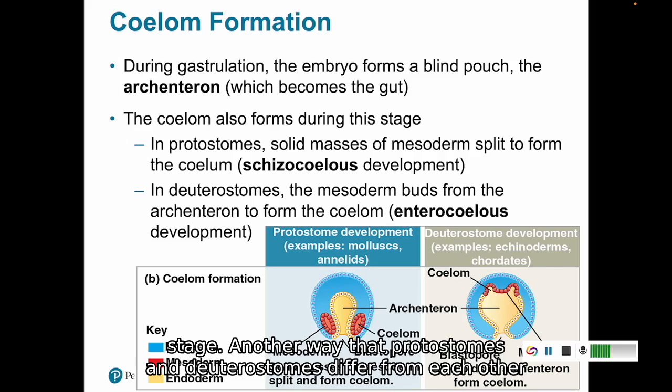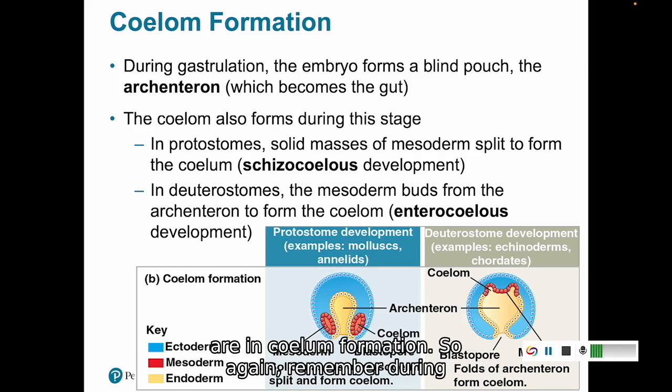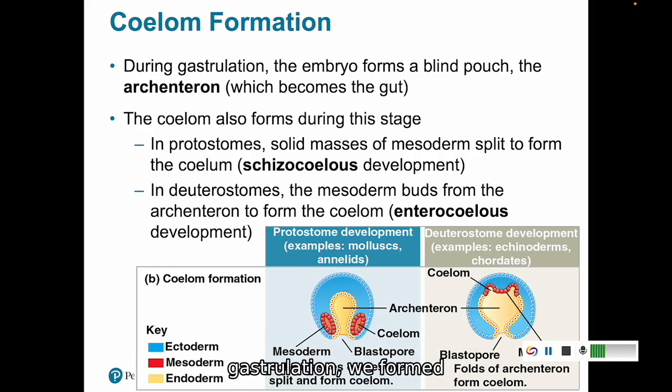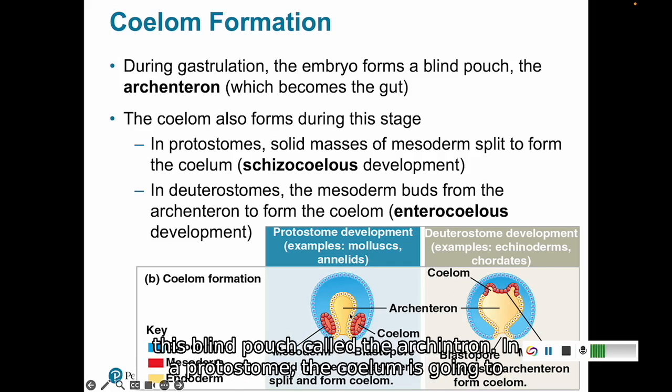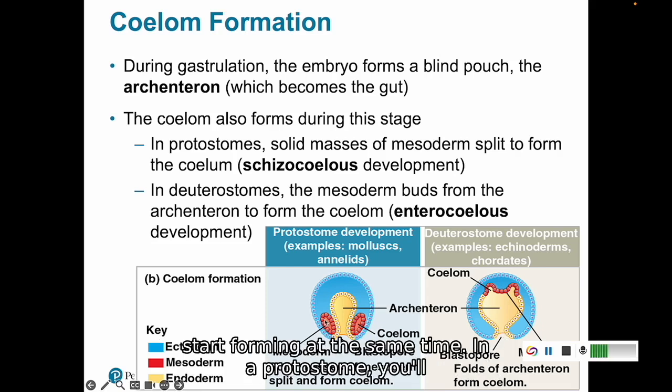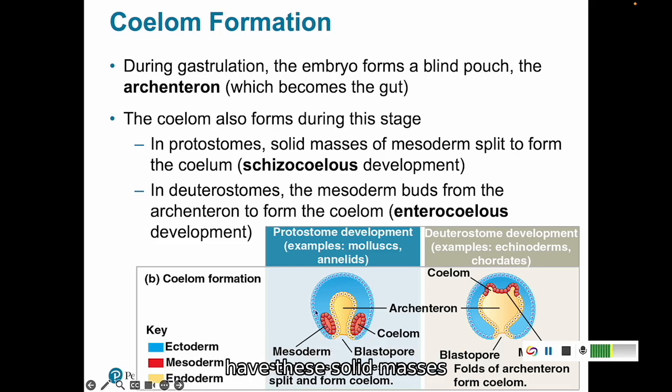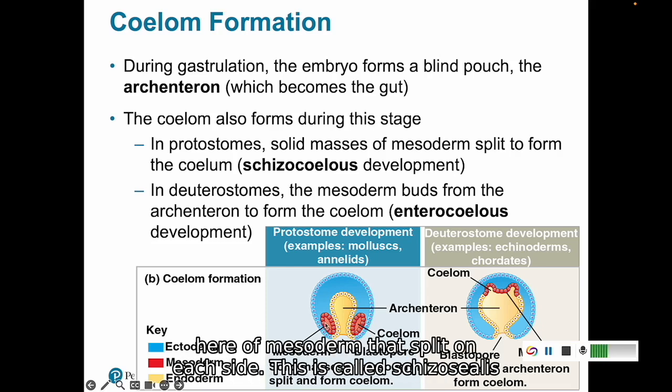Another way that protostomes and deuterostomes differ from each other is in coelom formation. Again, remember during gastrulation, we form this blind pouch called the archenteron. In a protostome, the coelom is going to start forming at the same time. You'll have these solid masses of mesoderm that split on each side.